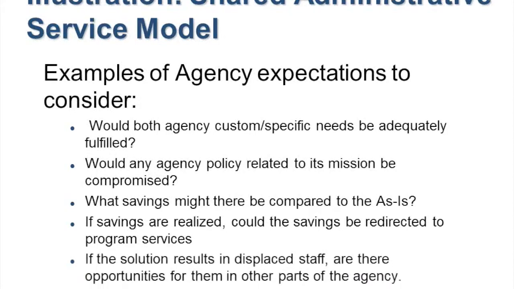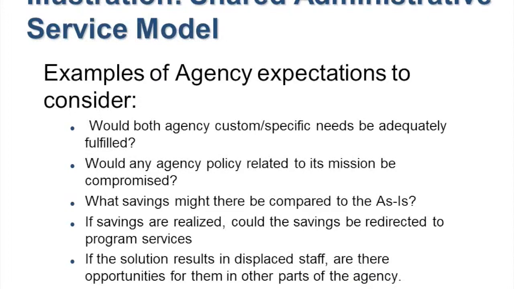And then finally, if the solution that we ultimately are thinking about implementing results in displaced staff, which isn't the intent but sometimes the unfortunate result, are there opportunities for these people in other parts of the agency? The answer to that is typically yes, because as we alluded to earlier, there are typically folks that are working a little harder than others, not because they're necessarily better employees.